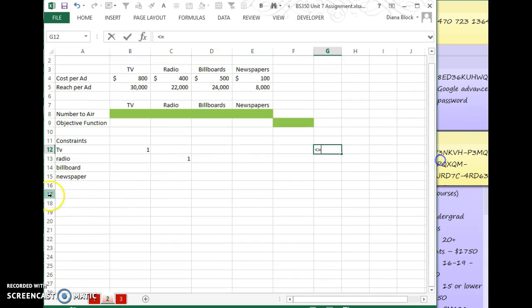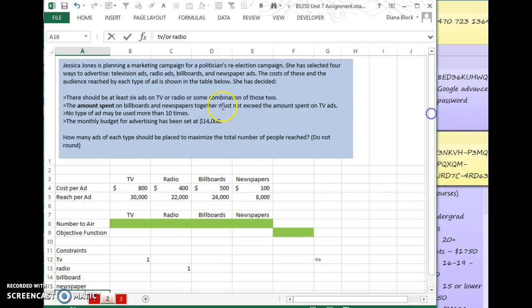So there you go. There's another constraint here where it says TV and or radio combined. Let's look back at the problem. There should be at least, here we go, there should be at least 6 ads on TV or radio or some combination of those two.